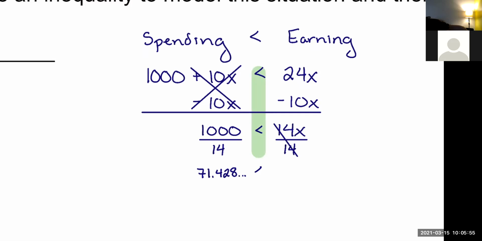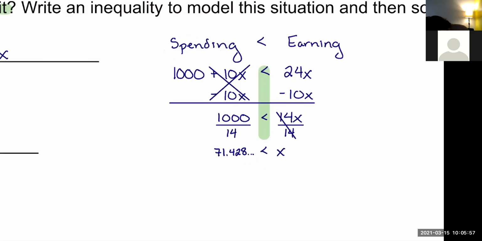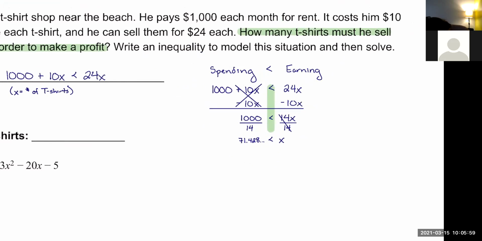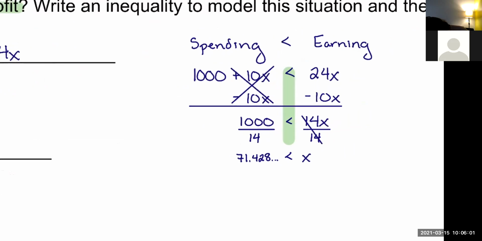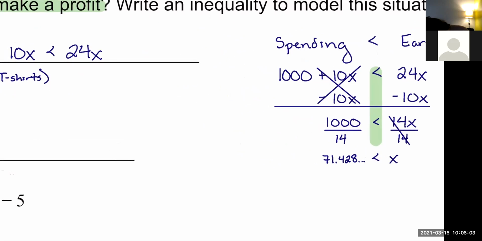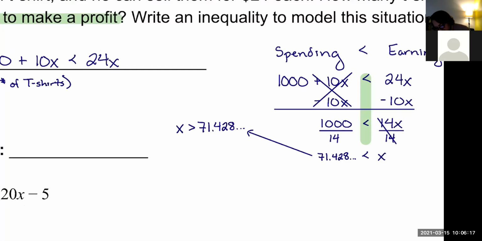Yes. 71.428 is less than our x, or in other words, x needs to be greater than 71.428, and so on and so forth.